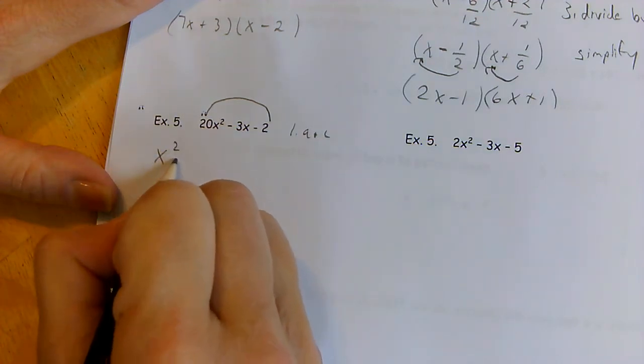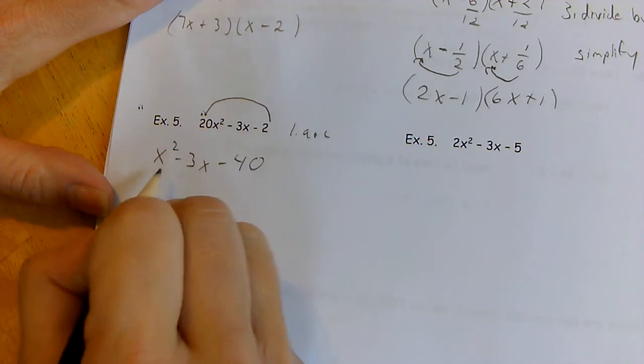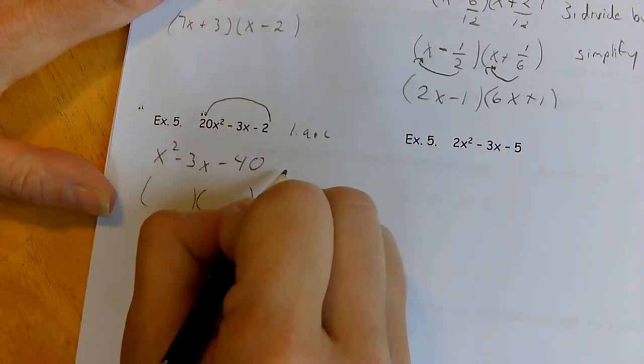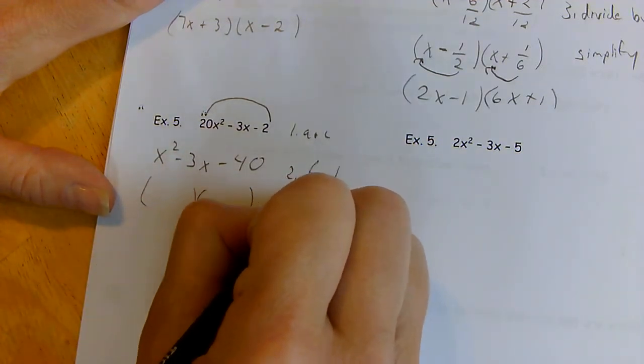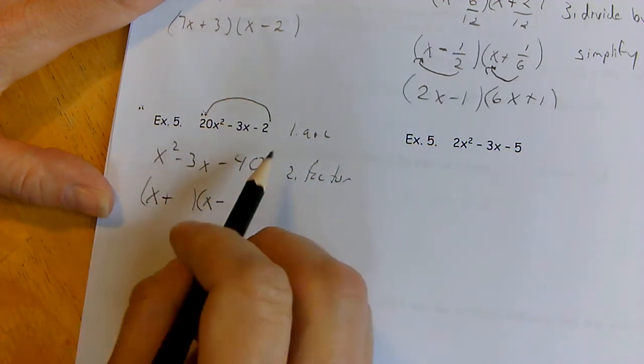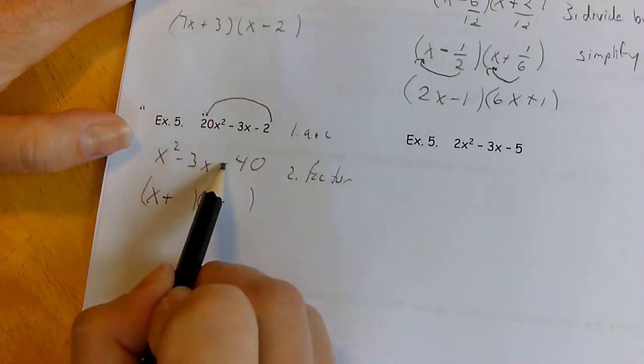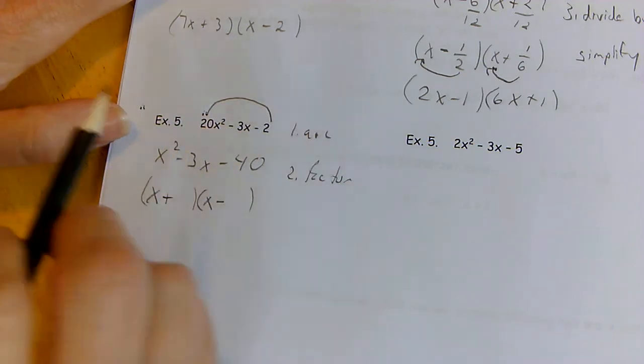Multiply a times c. 20 times negative 2 is negative 40. Then factor. X, x, one of each sign. Two numbers that multiply to 40 that subtract to 3.